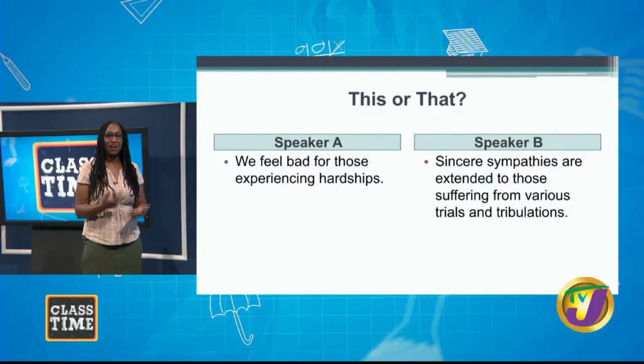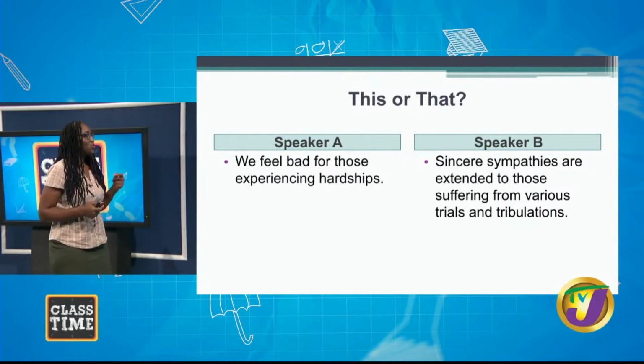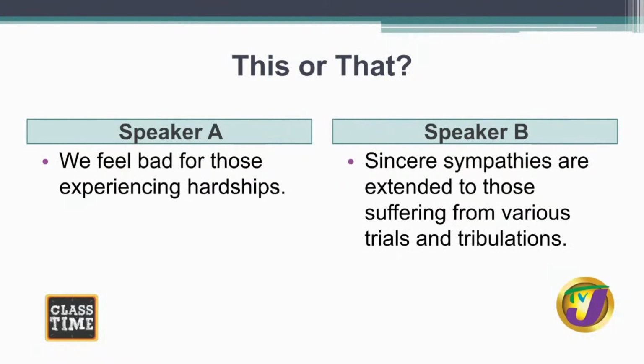Now, we feel bad for those experiencing hardships. Again, very straightforward, very direct. However, sincere sympathies are extended to those suffering from various trials and tribulations. Right here, you have blended two different sounds.